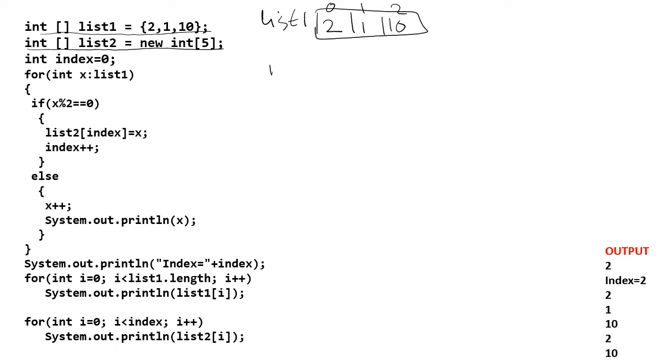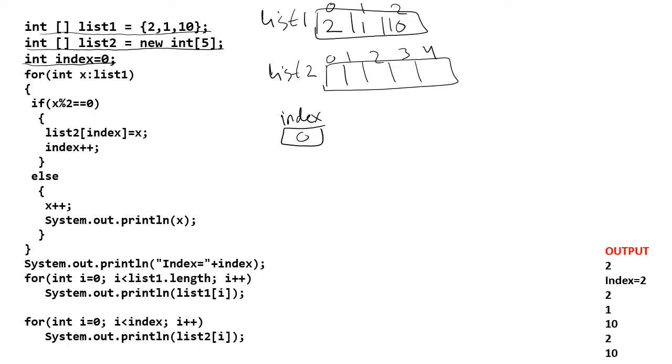It means I have to declare another array called list 2, and I should have 5 locations. So I have to draw 0, 1, 2, 3, 4, but we don't have the values inside. We have a variable integer index equals 0, so I have here index, and the value of index as 0.